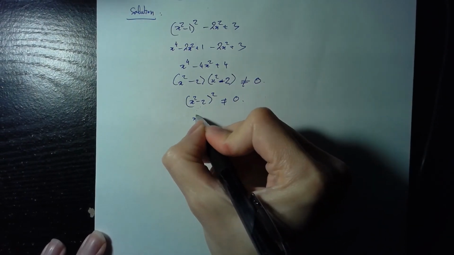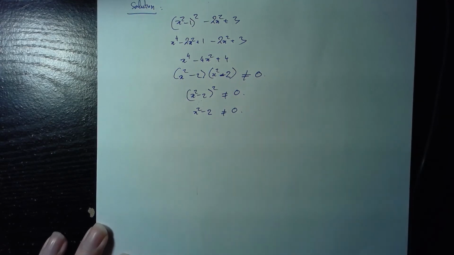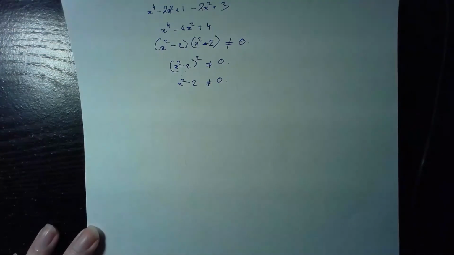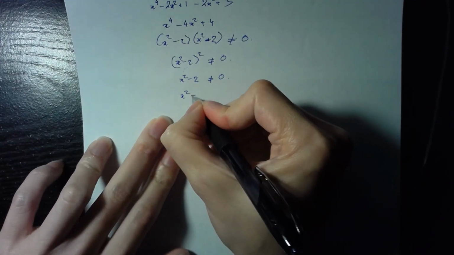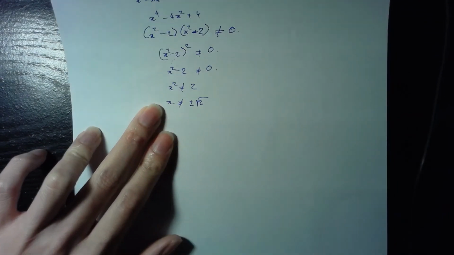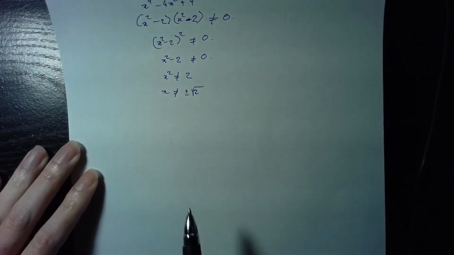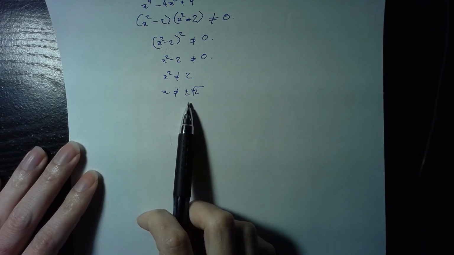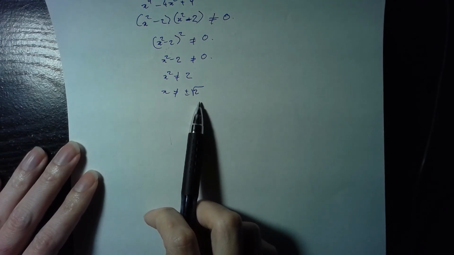I take the square root, so we give this being different from 0, and I can solve for x different from 2. X must be different from plus minus square root of 2. So that means as long as it's different from plus and minus square root of 2, everything else will be the domain.